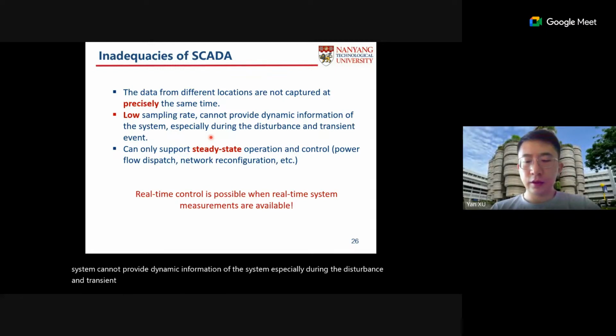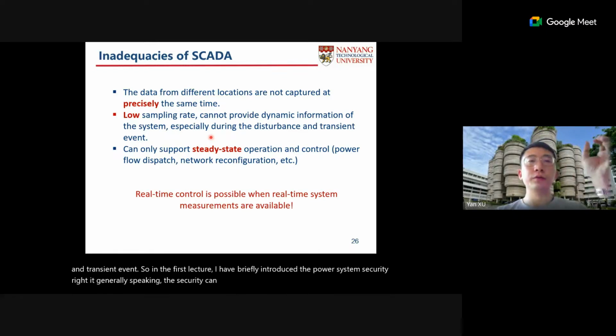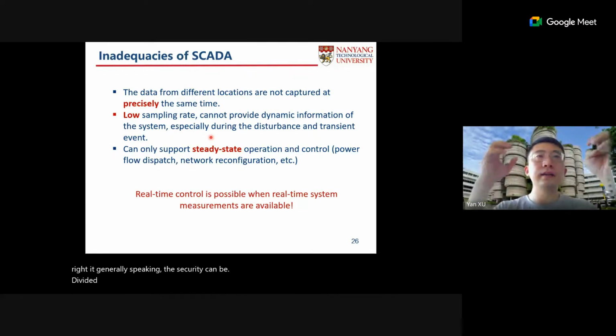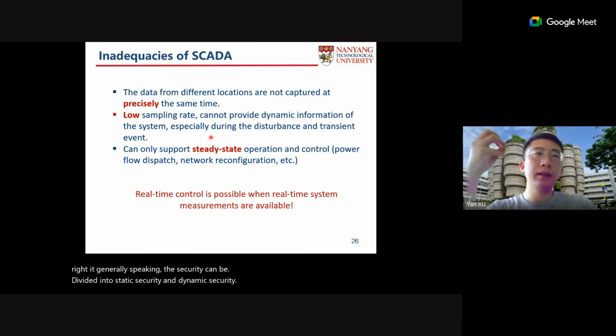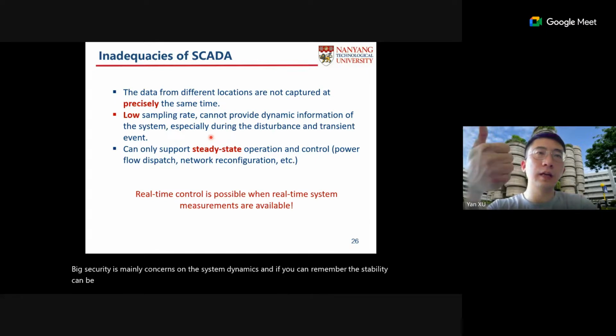In the first lecture, I briefly introduced power system security, right? Generally speaking, security can be divided into static security and dynamic security. Dynamic security mainly concerns the system dynamics. If you remember, stability can be further classified into rotor angle stability, voltage stability, and frequency stability.